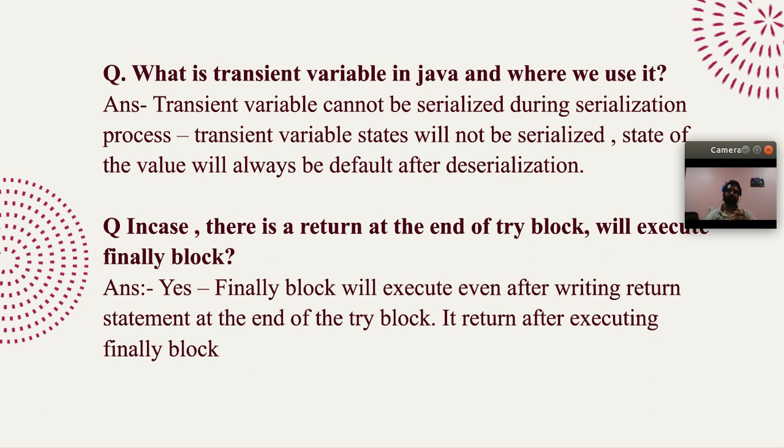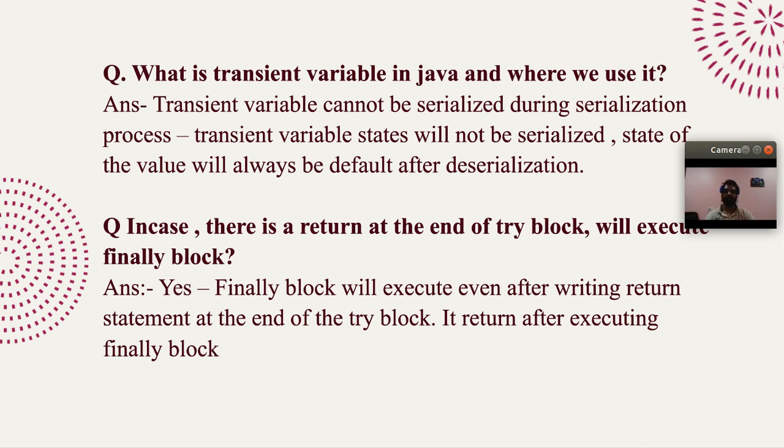So let's say that in the try block you opened some file, and if the exception came, then also it will execute the finally block, and your open file will get closed if you have written the logic to close that particular file, right? So the finally block is used for doing the cleanup, or for closing some resources if you have already opened them, right? Because the finally block always gets executed.